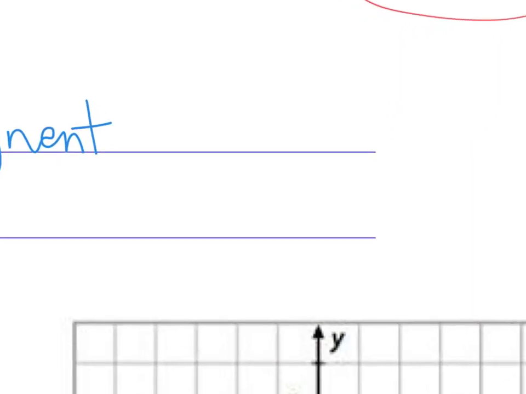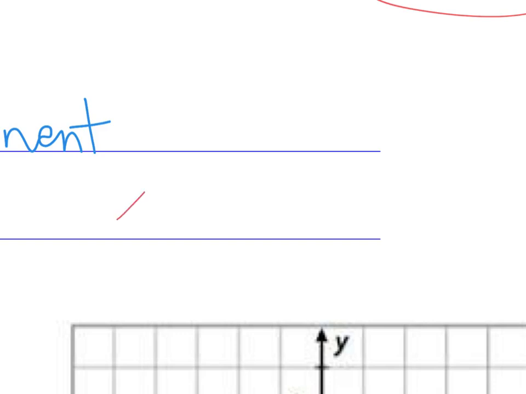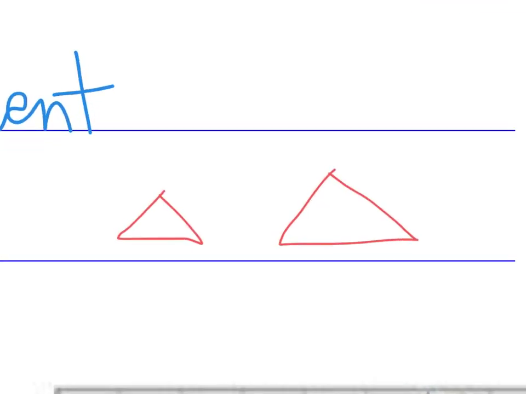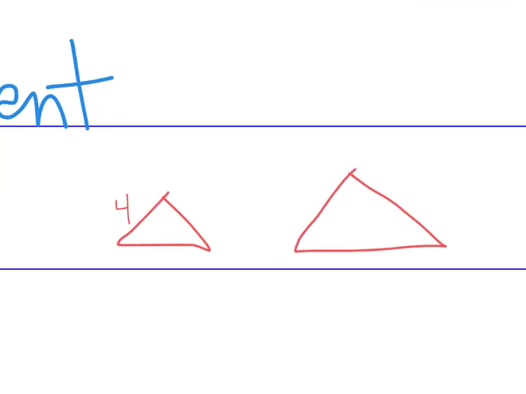So an example of that would be this. We have this triangle here that looks a lot like the triangle to the right, except obviously one's bigger. And again, proportional means that if this side is 4, and we say that the triangle on the right is 2 times as big, then that side would be 8. And so if my second side is 10, my second side on the right would have to be 20, because it's twice as big.